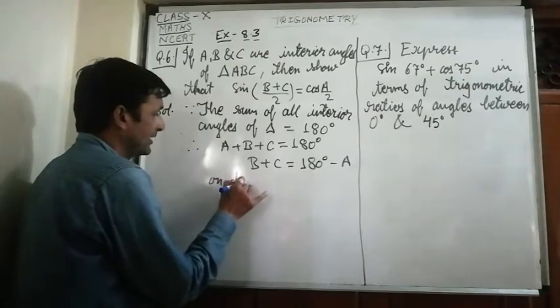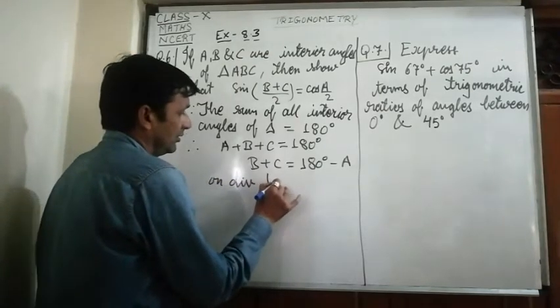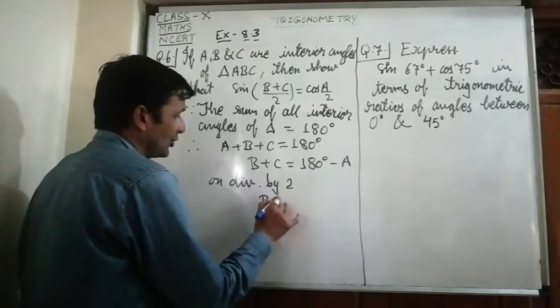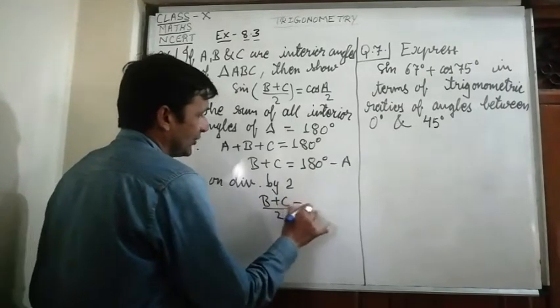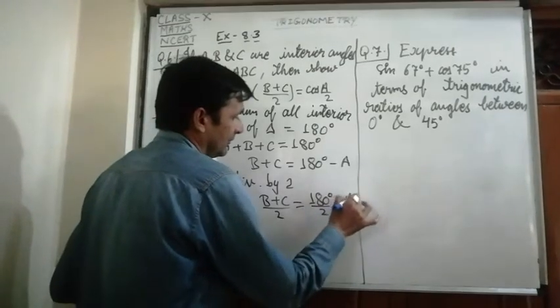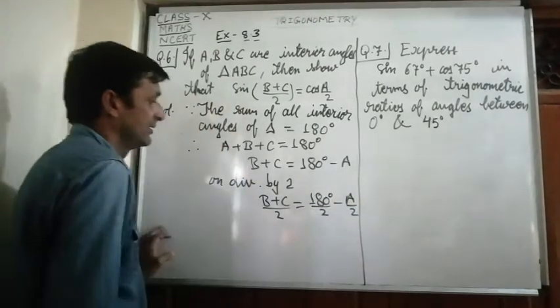On dividing by 2, if we divide it by 2, then this will become (B plus C) upon 2 is equal to 180 degree upon 2 minus A upon 2. It will become like this.